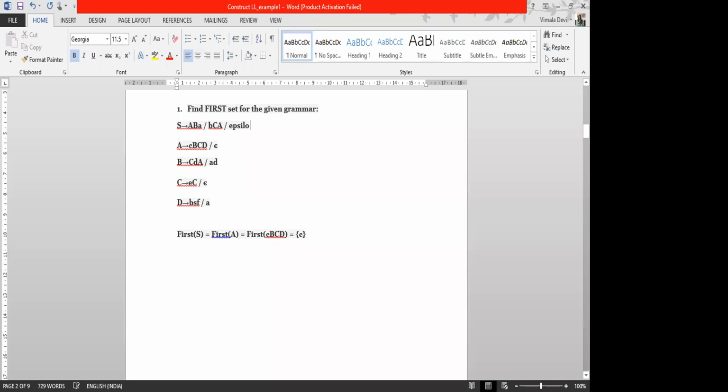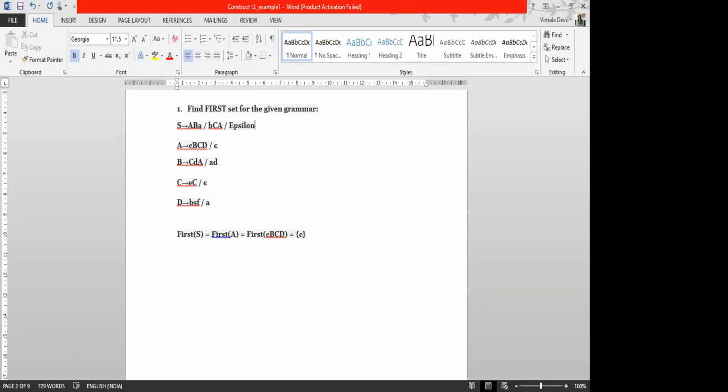In that case only, first set of S contains epsilon. I hope you have understood the rules, whatever I'm telling. First set of a symbol, whether it is S or A or B, according to this example, can include epsilon directly only if it produces epsilon like this in the grammar. It should contain the rule like this. Then first set of S also contains epsilon.